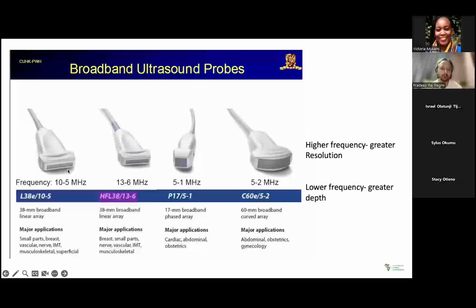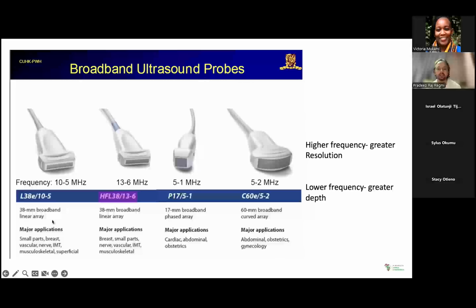And these probes usually have different frequencies. The higher the frequency, the greater the resolution, and the lesser the depth. So the linear probe has the higher frequency and the greater resolution, and it is used predominantly for small parts, superficial parts, like I already said, vascular structures or musculoskeletal structures.